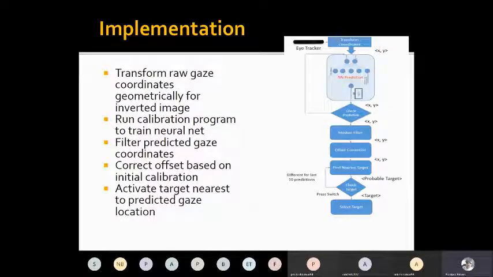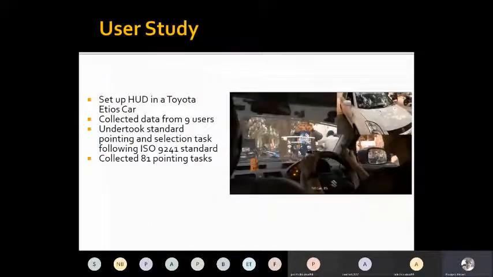And we developed this algorithm by which we take the XY eye gaze coordinates from the eye gaze tracker, feed them through a neural network, and convert them into another set of XY coordinates, which we use to activate targets on the windshield.